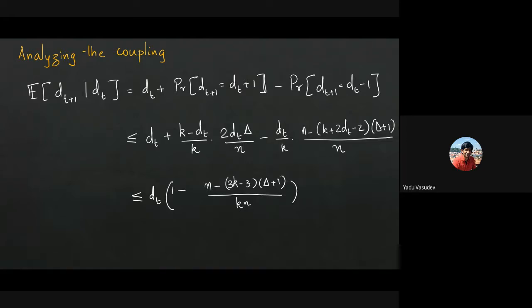So the expected value of Dt plus 1 given Dt is shrinking by a small factor corresponding to Dt, right? So this is some factor alpha less than 1, right? So it is shrinking. The expected value of Dt plus 1 is some constant factor less than Dt, right?